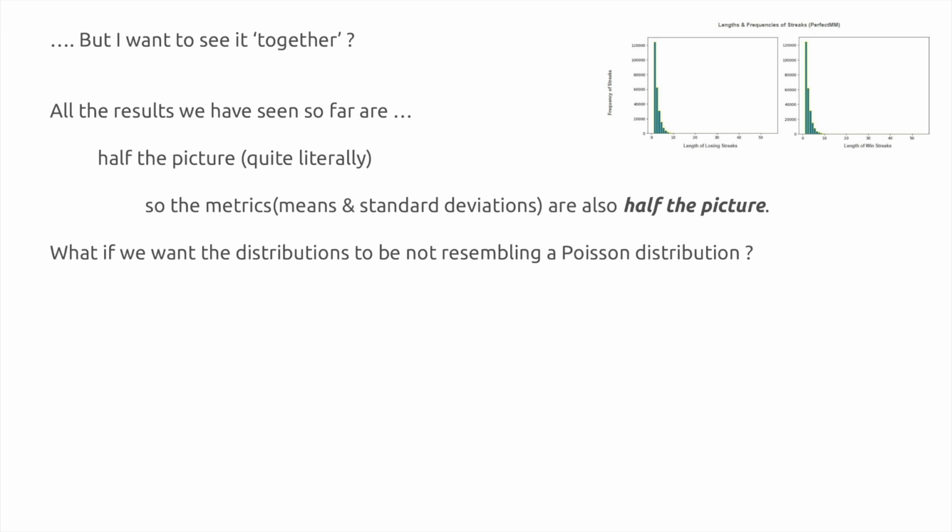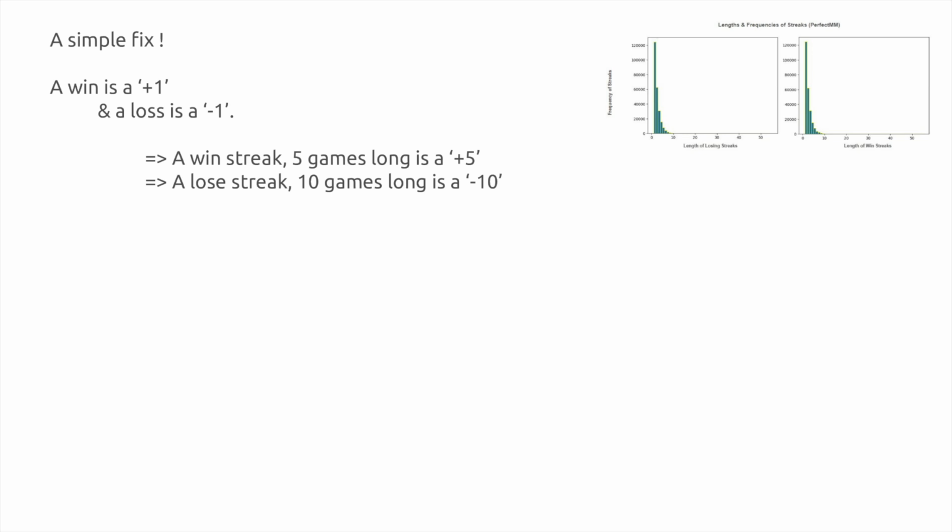What if we want the distributions to be not resembling a Poisson distribution, but rather something more normal? A simple fix. A win is a +1, a loss is a -1. So a win streak, 5 games long, is a +5. A lose streak, 10 games long, is a -10.